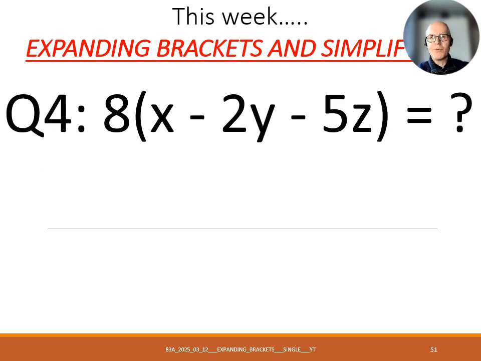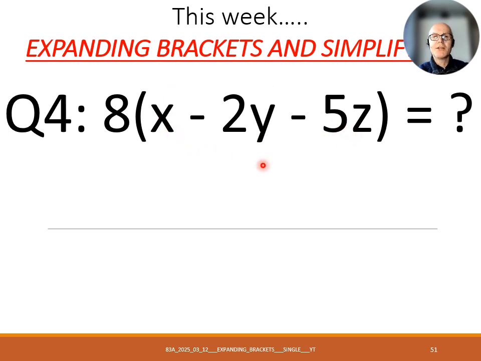Next question. How are you getting on with these? Obviously, you can pause and write down the steps and working to get the right answer, and then check it as we go along. 8 open brackets x subtract 2y subtract 5z.